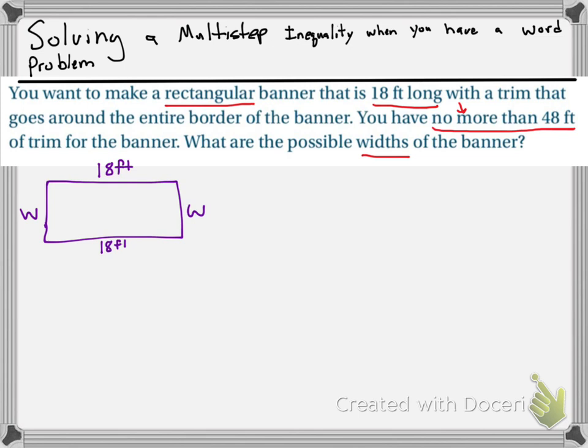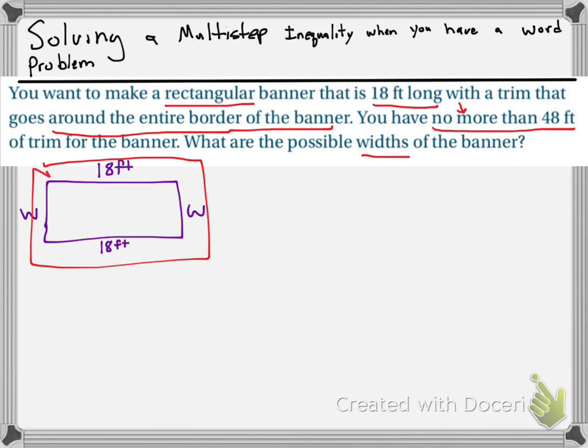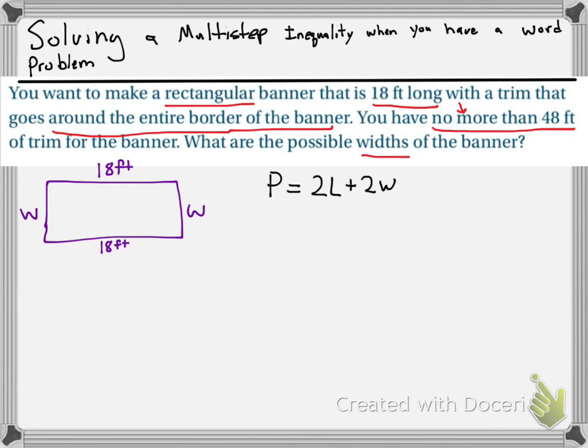So I know we're going to find the perimeter, because we're going to go around the entire border of the banner. So that's all the way around here. We're going to start here and go all the way around. So I know the perimeter, which is what we're solving, is equal to 2 times the length plus 2 times the width.